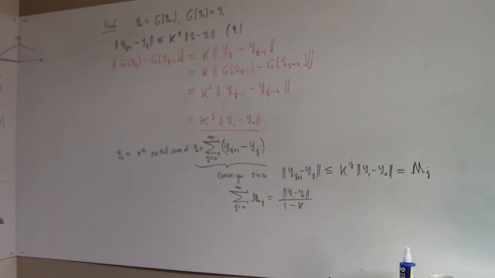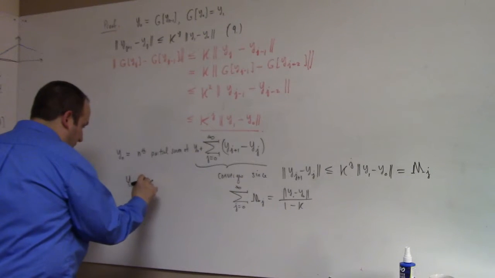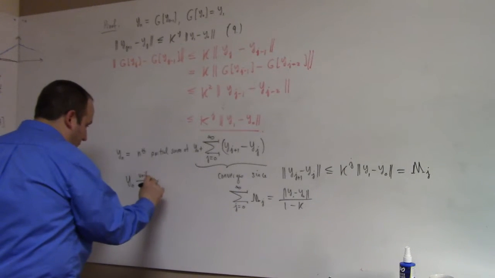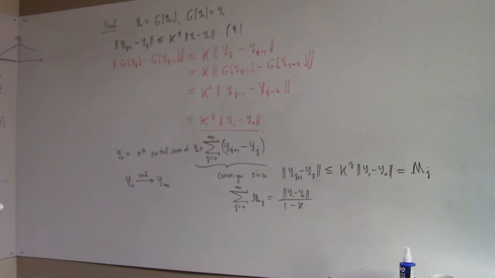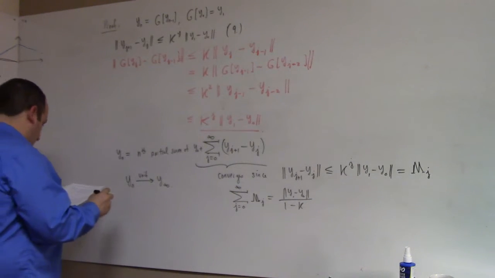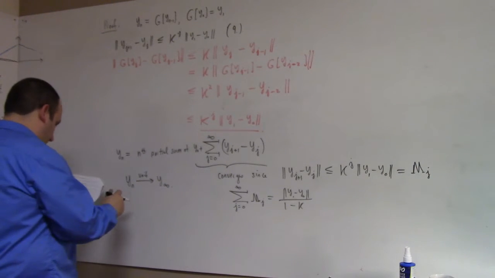Okay. And we're going to suppose that Yn converges uniformly to y infinity. Now he's going to show that y infinity is a fixed point. How do you do that? So let's see here.